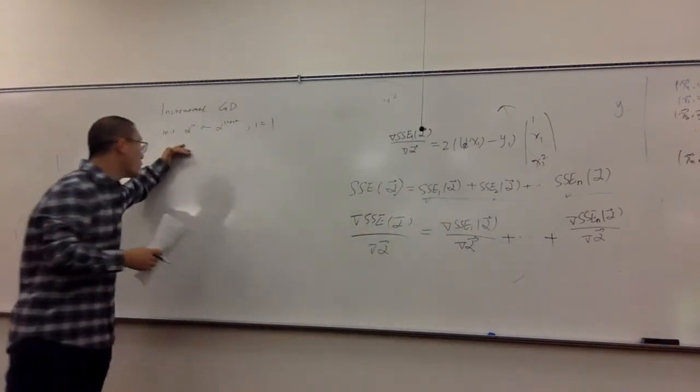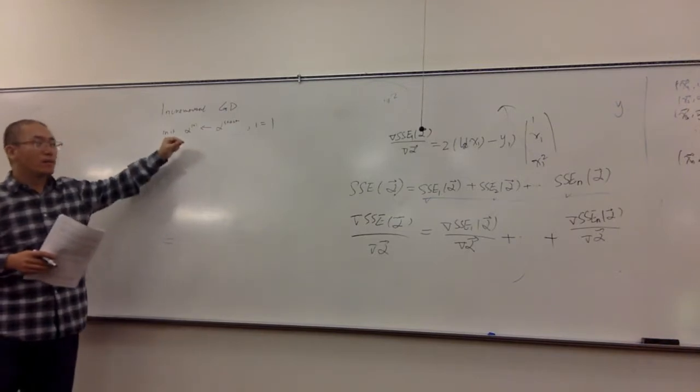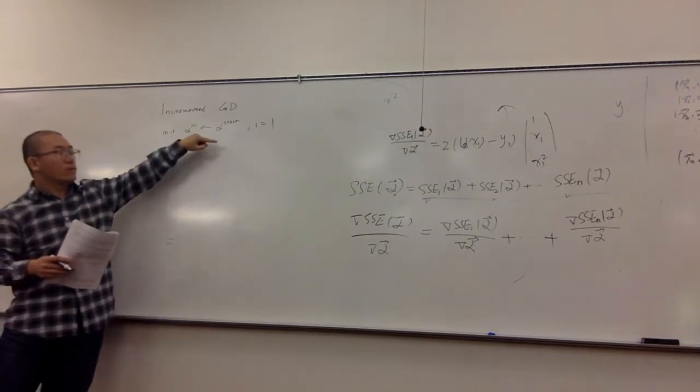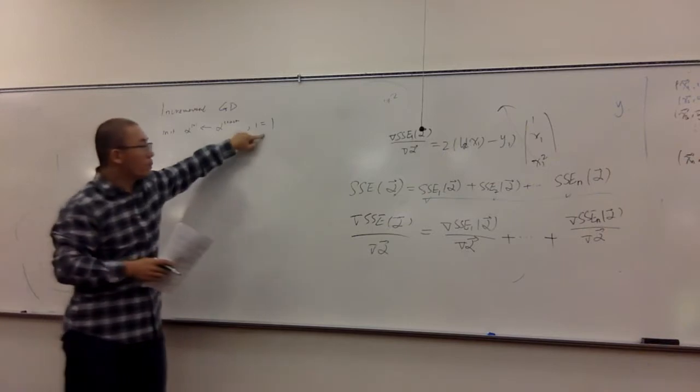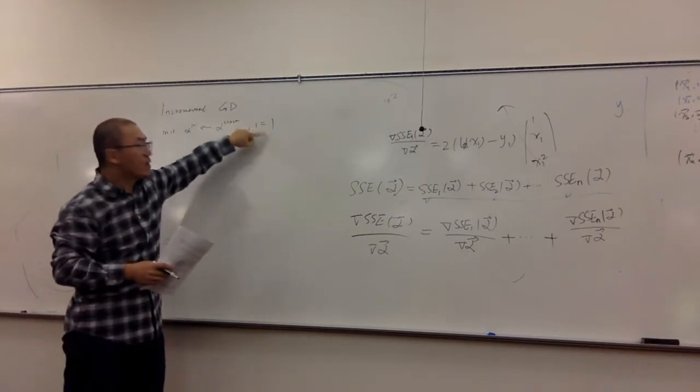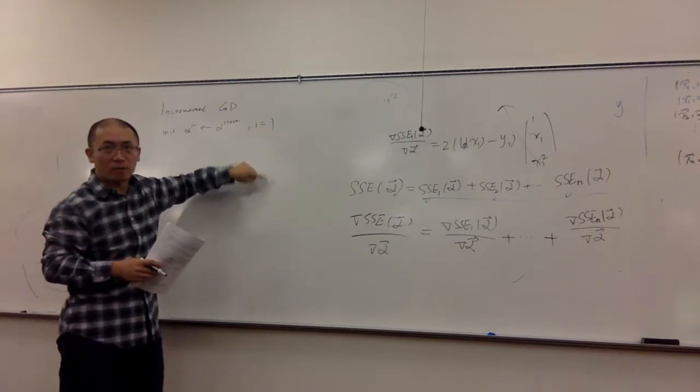So incremental gradient descent means that I just pick up the first instance and then second instance, third instance, and fourth instance, and continue.